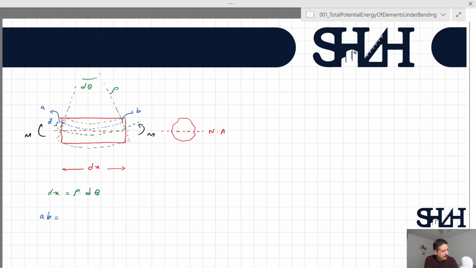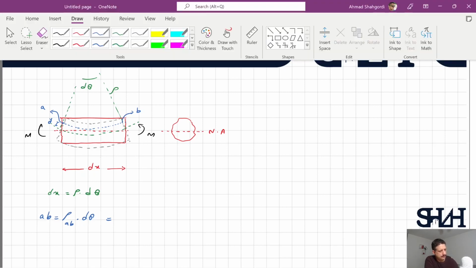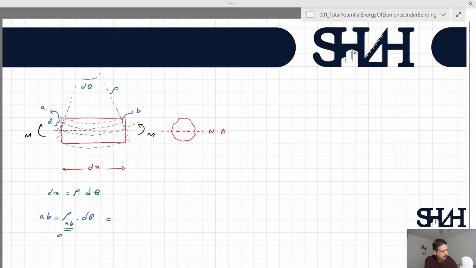So AB will be rho of AB times d theta. Rho of AB is rho minus y. So it will be rho minus y times d theta. So AB after deformation is rho minus y times d theta.